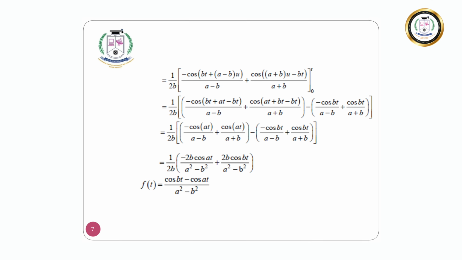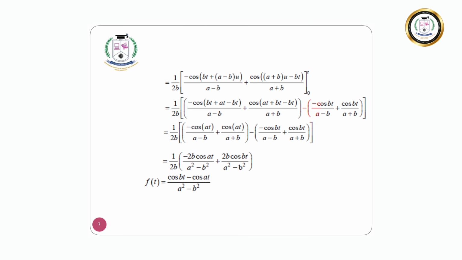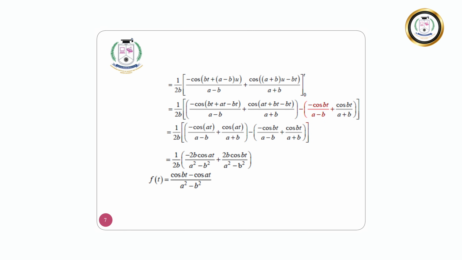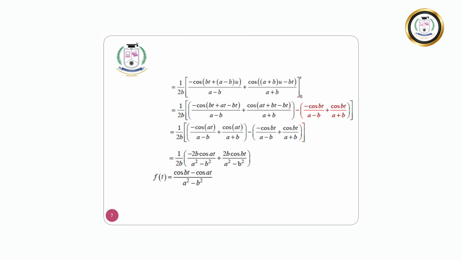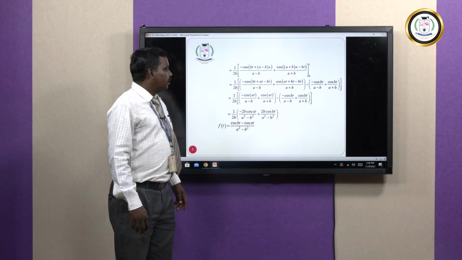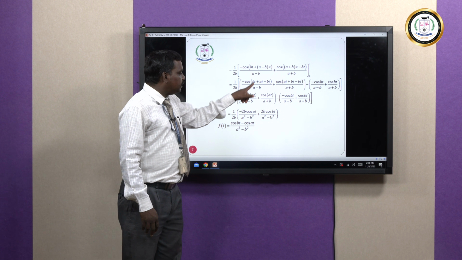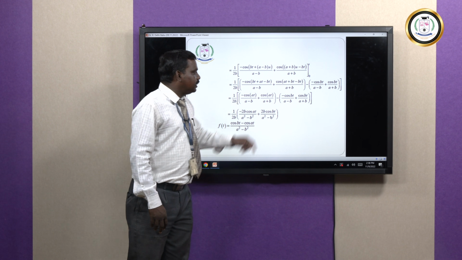I have only −cos bt/(a−b) plus, applying u = 0, we get cos(−bt). What is cos(−θ)? cos θ. Hence cos(−bt) is cos bt/(a+b), which is minus cos bt. The bt − bt gets cancelled, at/(a−b), and bt − bt gets cancelled.